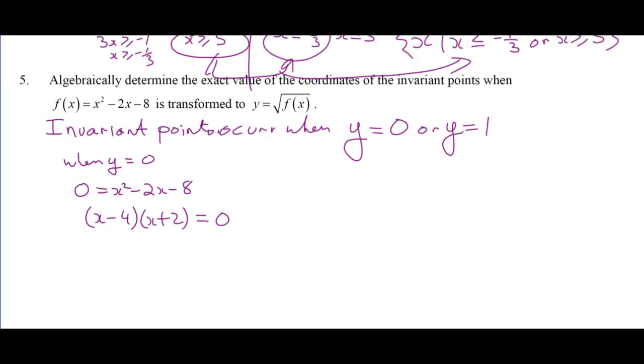So don't drop stuff, right? If that's equal to 0, then it's still equal to 0. It doesn't all of a sudden become something else. So when you're doing written response, do it properly, okay? There will be less mercy. So x is equal to 4, or x is equal to negative 2.